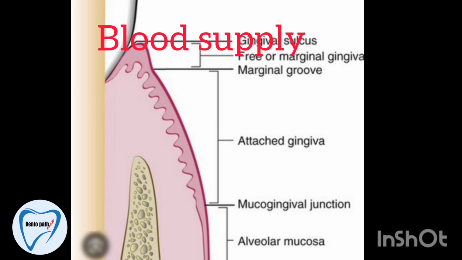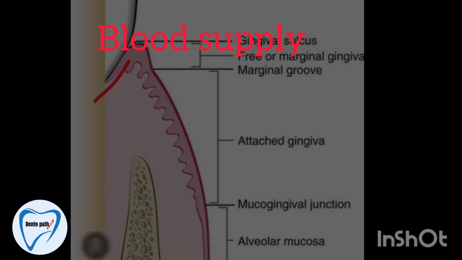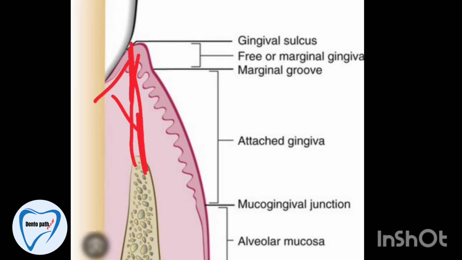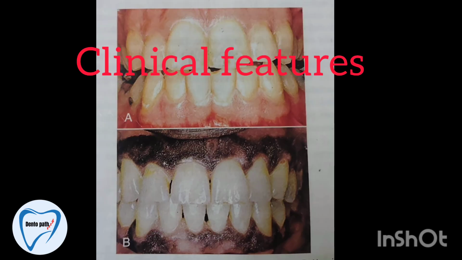There are three sources of blood supply to the gingiva: supraperiosteal arteries, which are present beneath the tooth towards the periosteum, vessels of the periodontal ligament, and the arterioles.